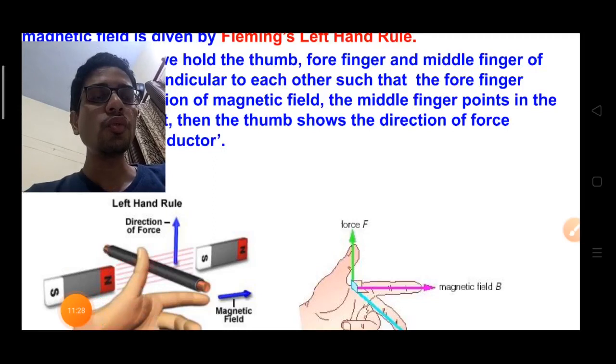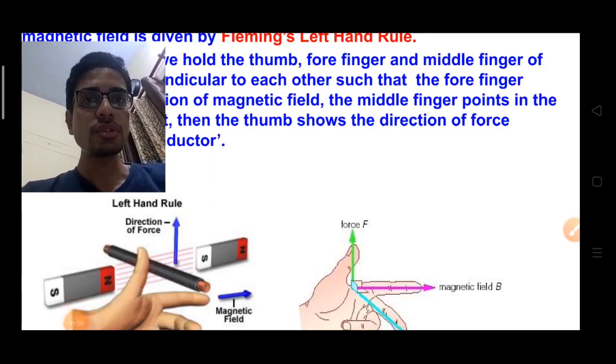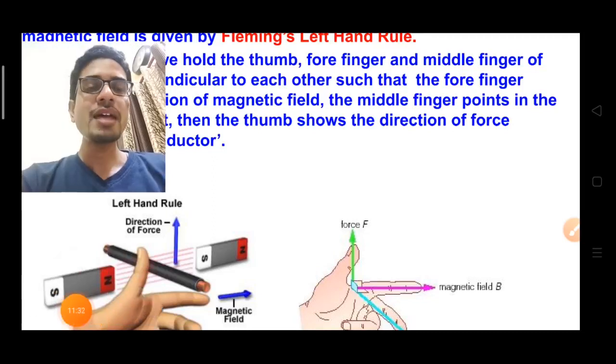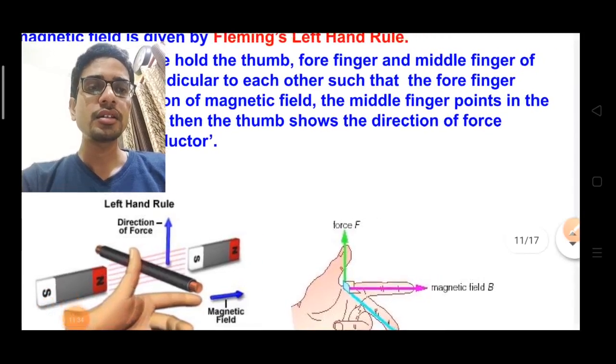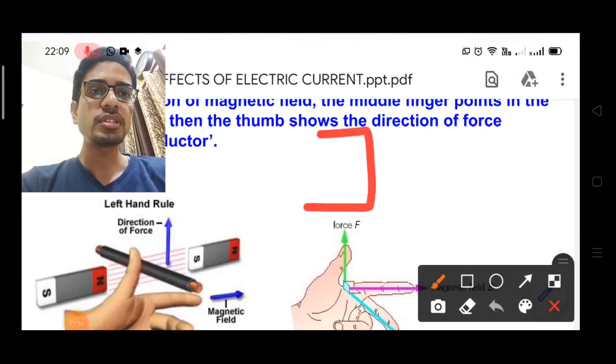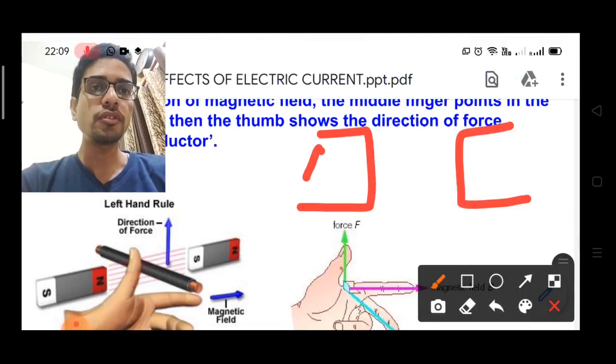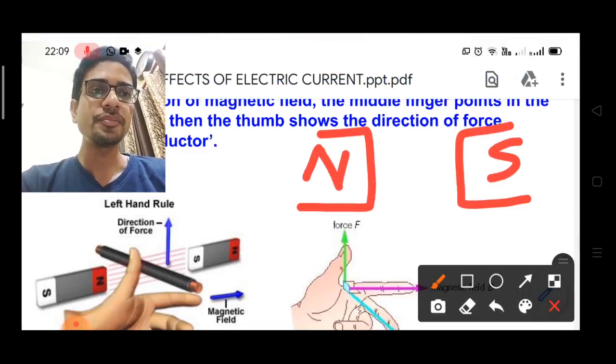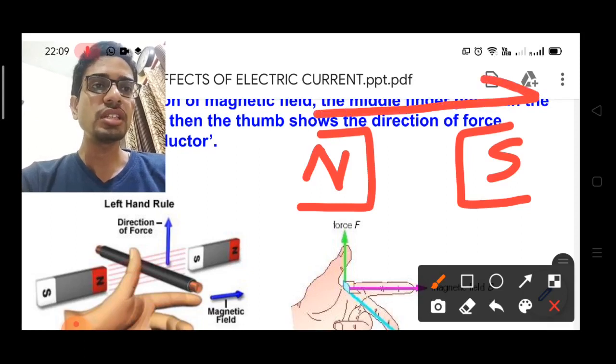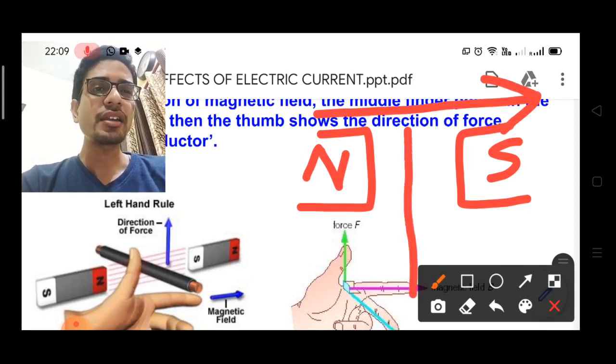Now I am giving you another example. You have to solve this. Imagine these are the two poles, north pole and south pole of a magnet. What will be the direction of magnetic field? From north to south, this. There is a conductor, there is a circuit, or you can say simply a wire.